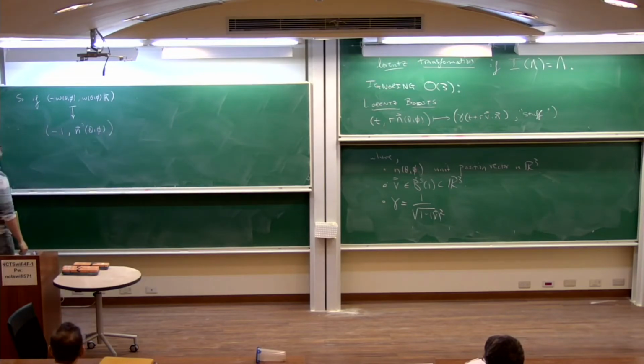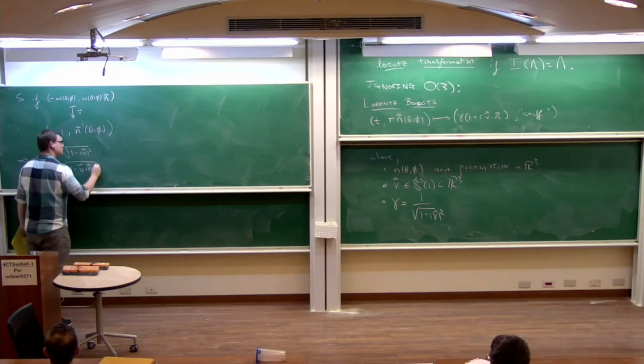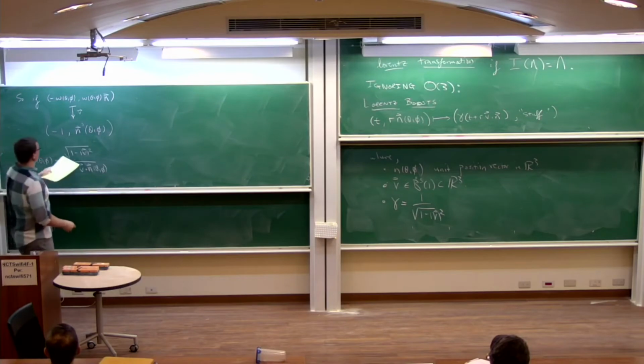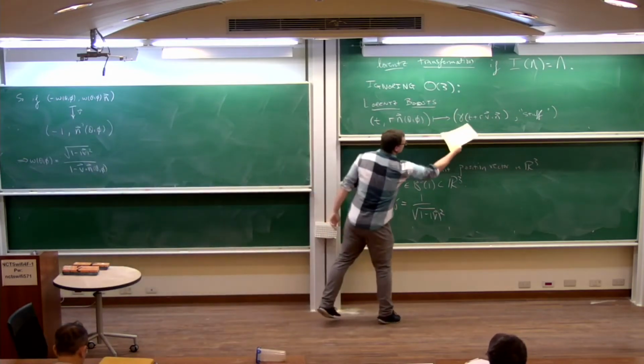So let's say under some choice of v, I perform a Lorentz boost, and it takes me to -1 and some unit vector in R3. Then what that forces by that formula, as we saw last week, is that omega must be of the form 1 minus v squared over 1 minus v inner product n theta phi. Because if you plug this in for these coordinates, that's what's going to take you over here to -1.